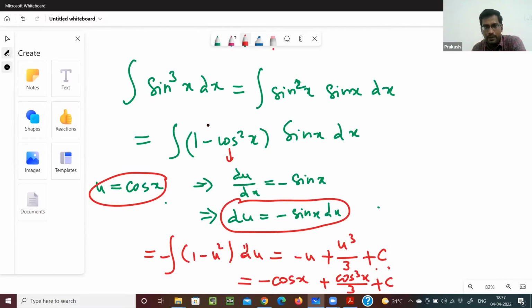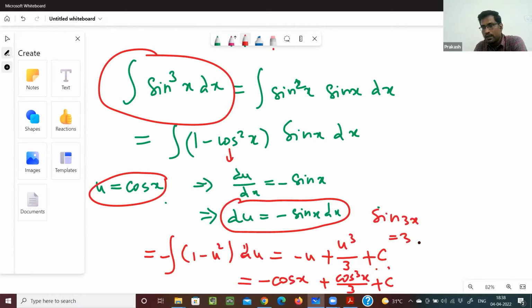And another way, without this substitution also, we can evaluate this integral value. But how can we? You only need to know the sine 3x formula. So sine 3x is nothing but 3 sine x minus 4 sine cube x. So from this, we can evaluate sine cube x.